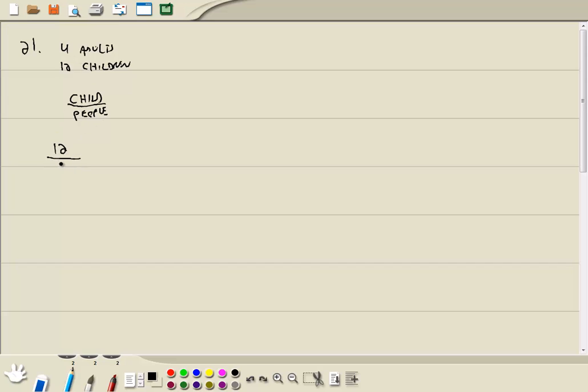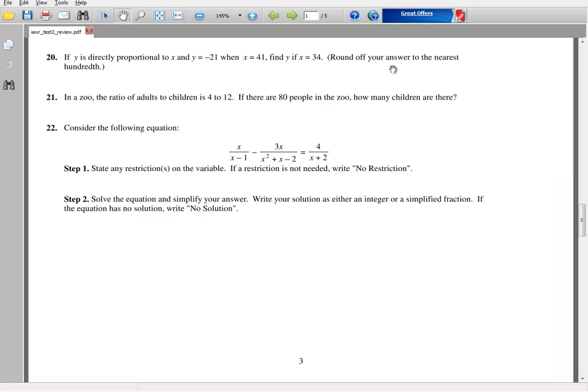In this case, it would be 16. So again, 12 here refers to my children, and then 16 refers to my people. 16 I got by adding 4 plus 12. Okay, now tell us that there's 80 people in a zoo.